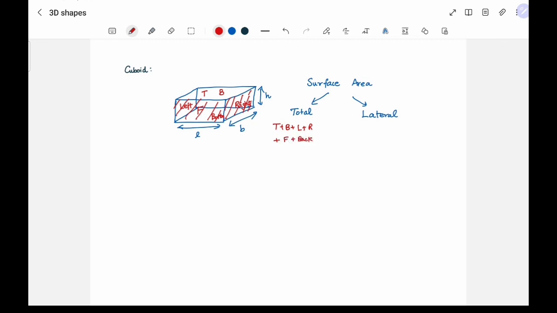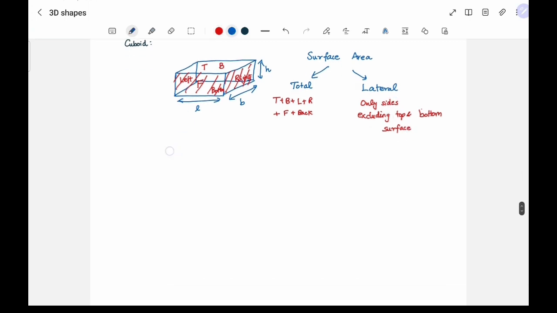Lateral is only the sides, excluding the top and bottom surface. So for a cuboid, these are the surfaces, right?